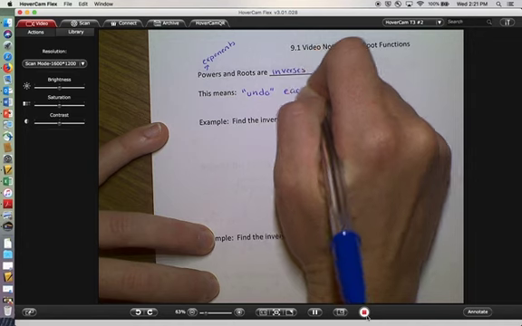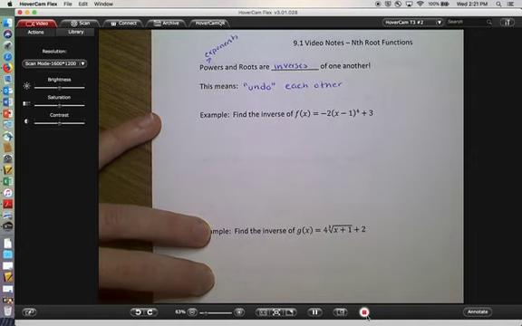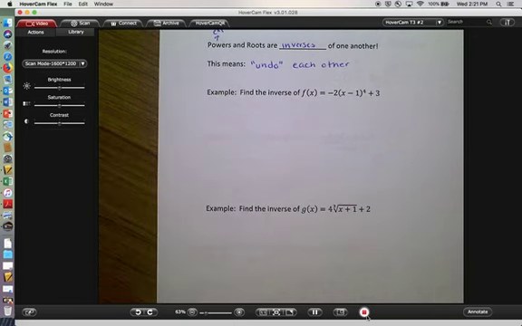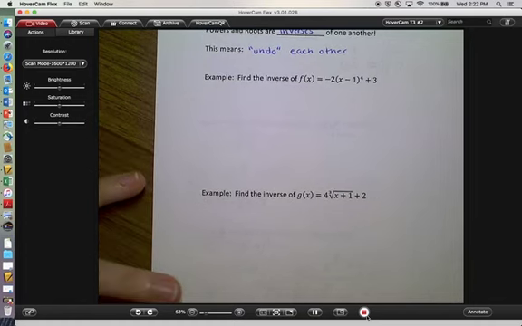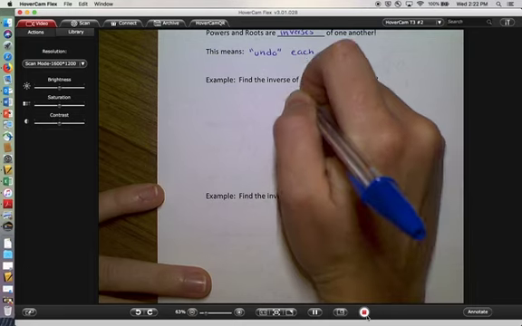We learned about that last chapter, how inverses undo each other. So just like you did in the previous chapter, we can find inverses here. And you had a question similar to these on the last chapter test, but just making sure that we understand this idea.